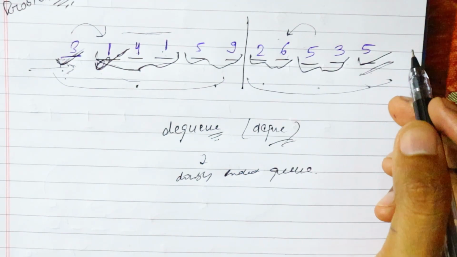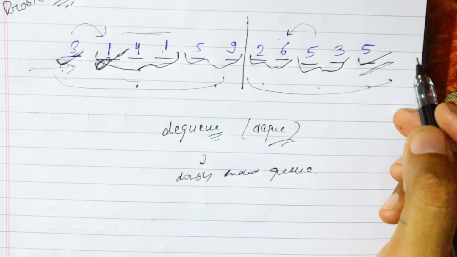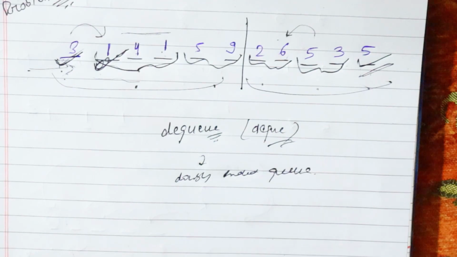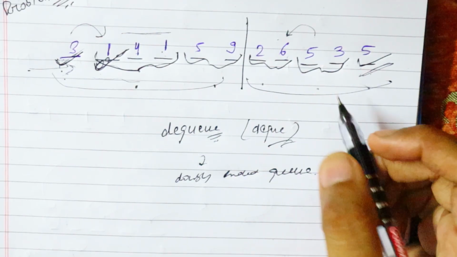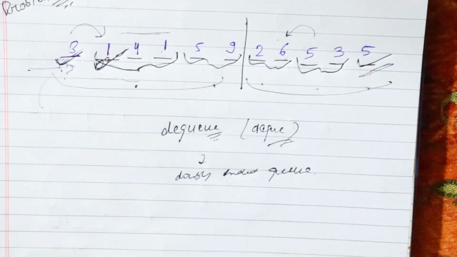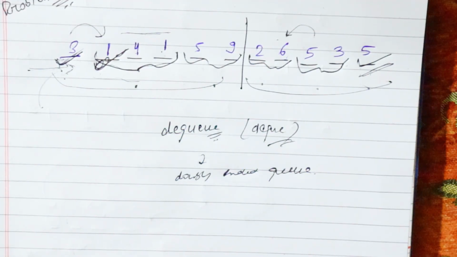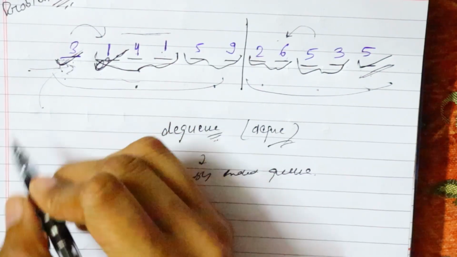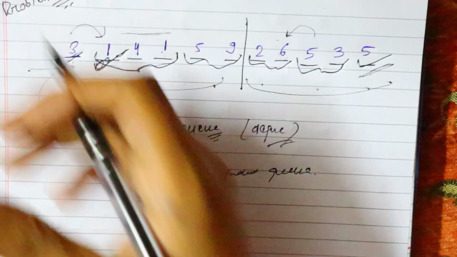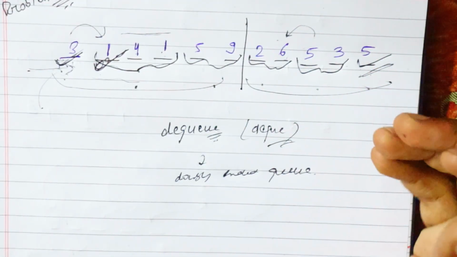Now how do I remove it? Suppose I want to push an element, so I will use pushback in DQ. And if I want to check the element at some particular index, for Alice I wanted to check at the starting position only, and for Bob at the last position only.